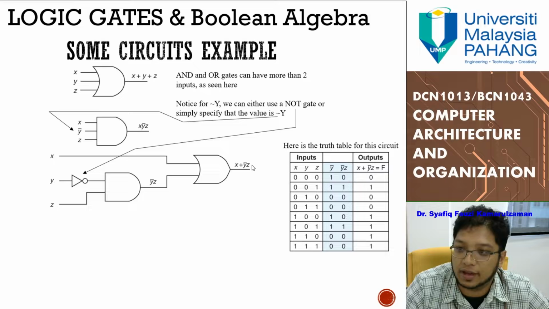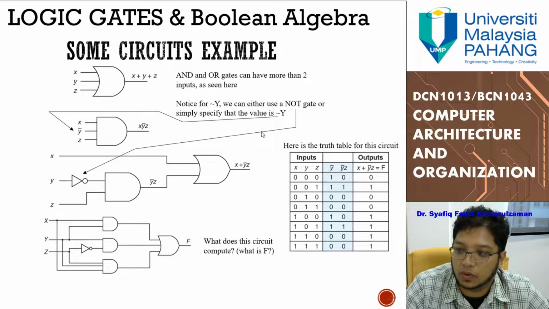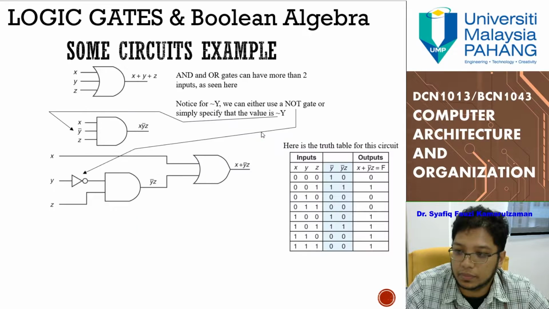So for example, an AND and an OR gate can have more than 2 inputs. In this case you have x, y, z, which go from 0 to 7. You have this input and you want to create this output, x plus y bar z equals f.